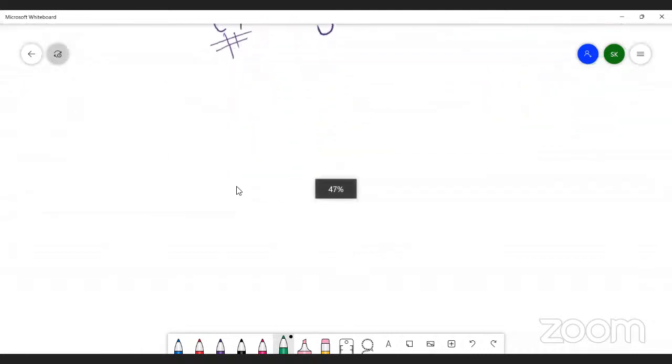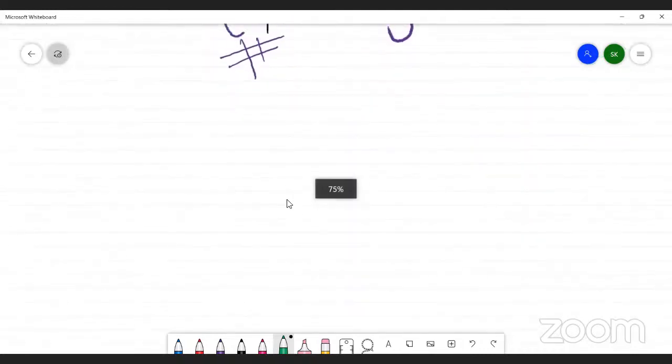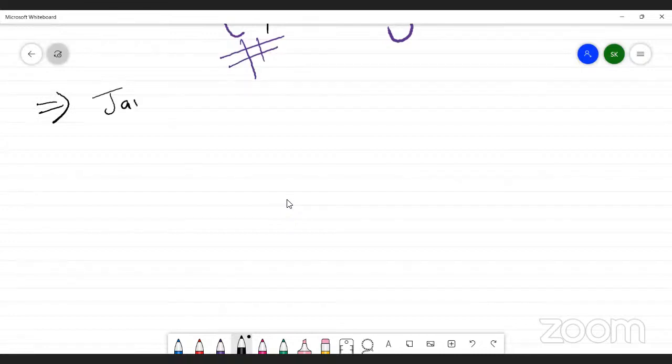Okay. Moving on to my next question. As people asked, which language will be preferred for this batch of DSA? I will be writing the code in Java, but no need to worry. You can write it in any language you want.